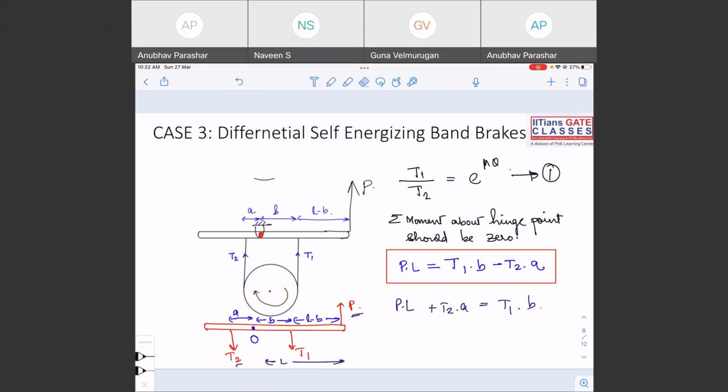So you can rewrite this as P into L is equal to T1 into B minus T2 into A. So you can see here the tension T2 is helping us to reduce the effort.